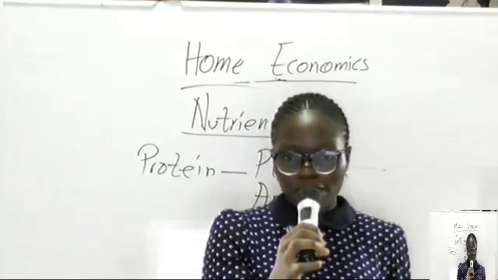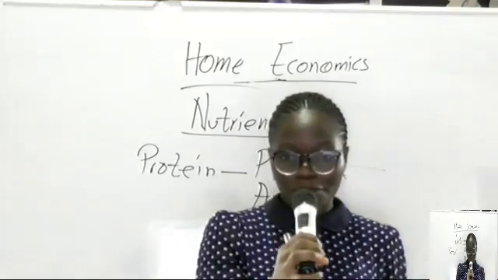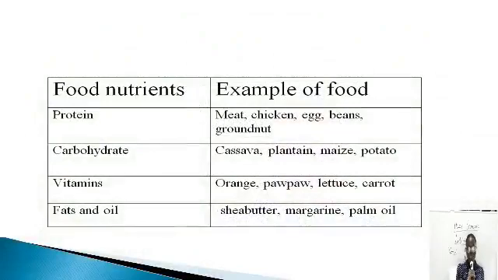The plant proteins are the examples of protein foods that can be found in plants. We have beans, we have peas, we have cowpeas. These are some of the plant foods in which protein can be found.